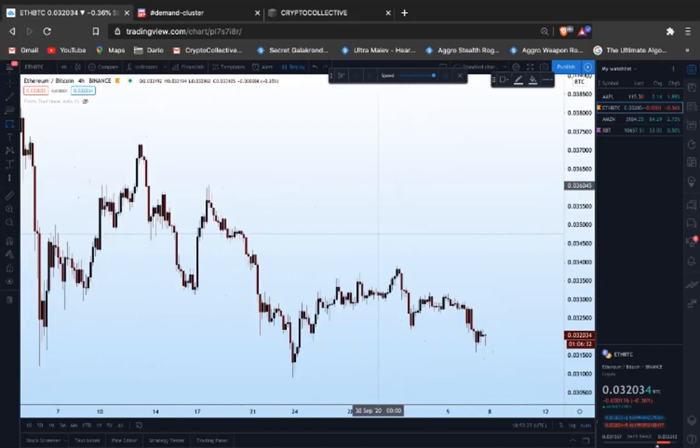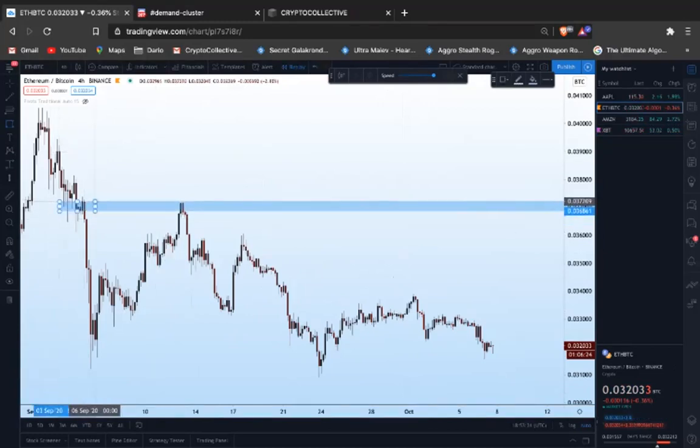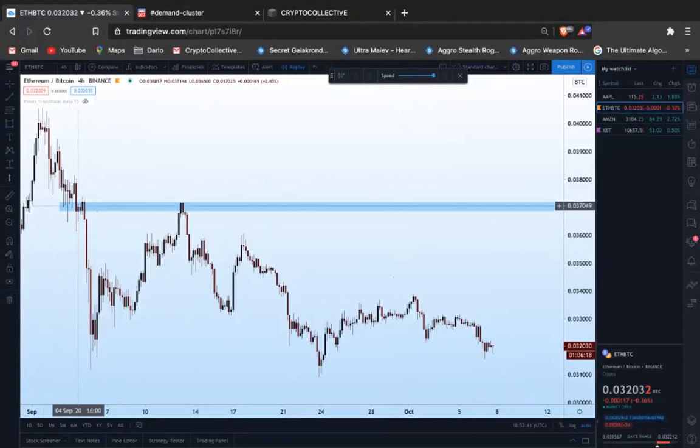Let me just find a quick example for you guys. All right, so I can see one as clear as day here. Now, order blocks may actually be supply or demand zones on the smaller time frames. For example, we've got a little block here, and then we've seen the price skyrocket down. So this is a clear supply cluster.